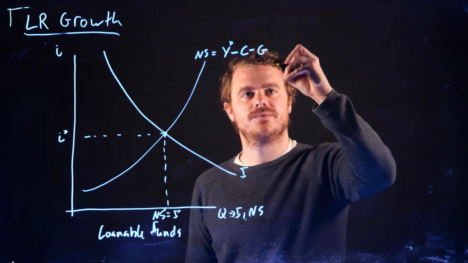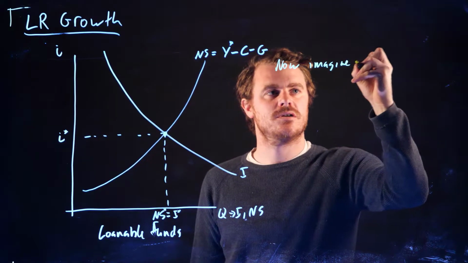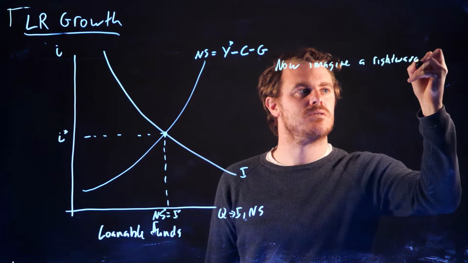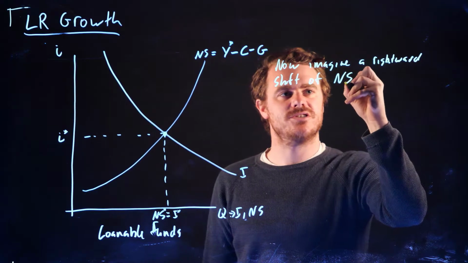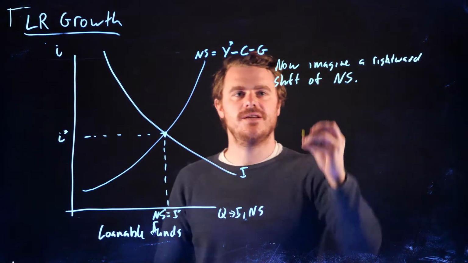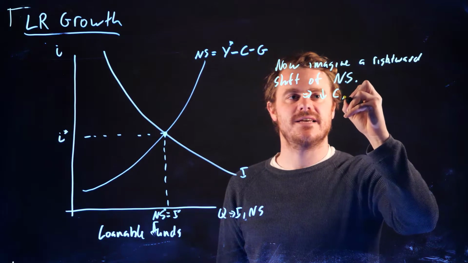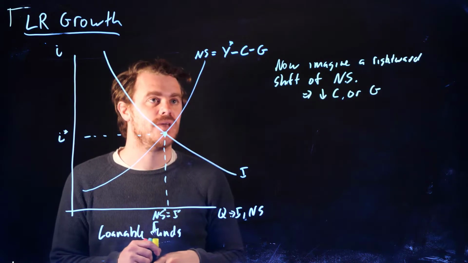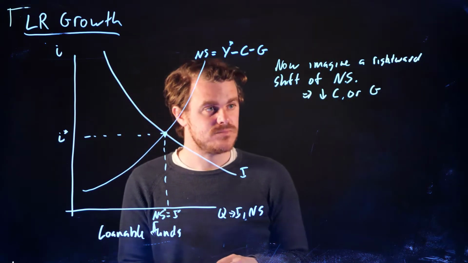Now imagine a rightward shift of the national savings function. You can think of that happening through a decrease in C or G, or indirectly through a decrease in taxes as well.